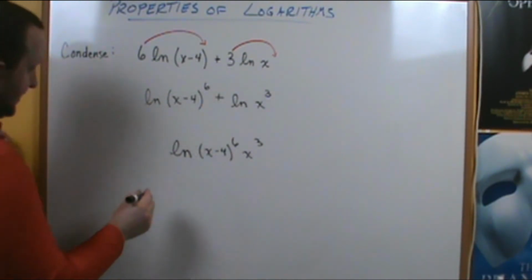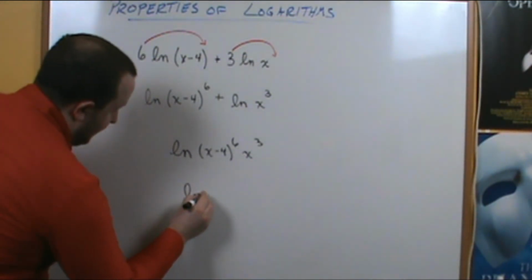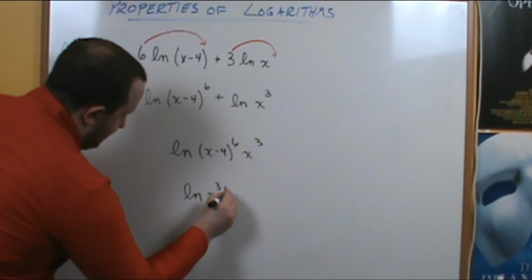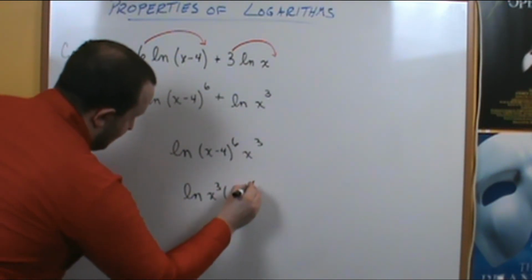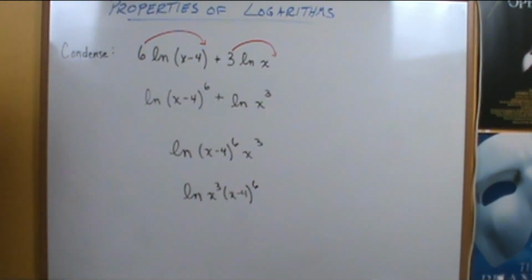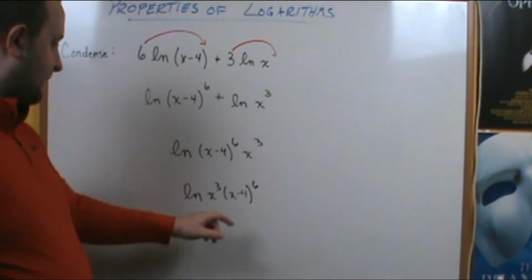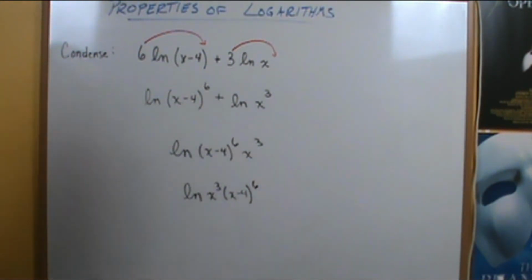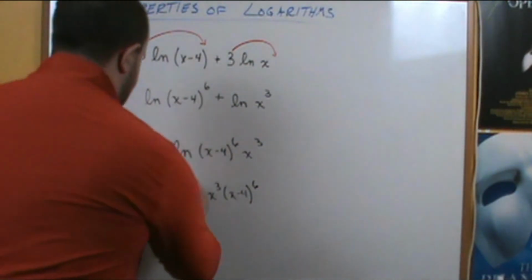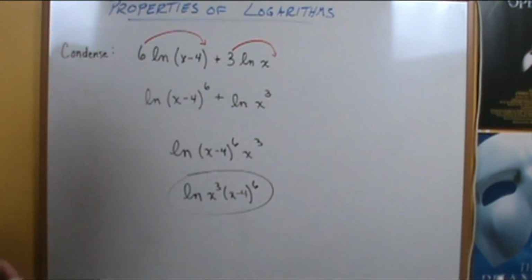Or if we want to rewrite that, we can rewrite it as ln of x cubed times x minus 4 to the 6th. And you could leave your answer this way. I'm perfectly fine with that. If you want to expand that and do the multiplication, that would take a lot of work, but for our purposes I'm perfectly fine with leaving that answer just like that.